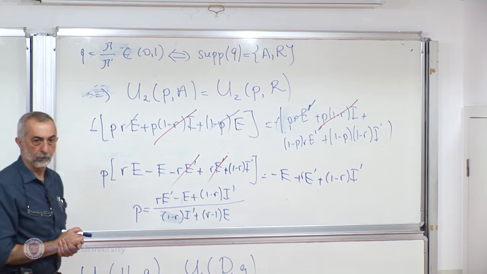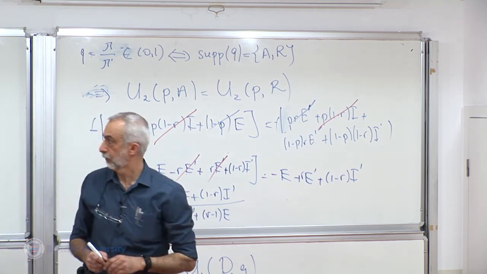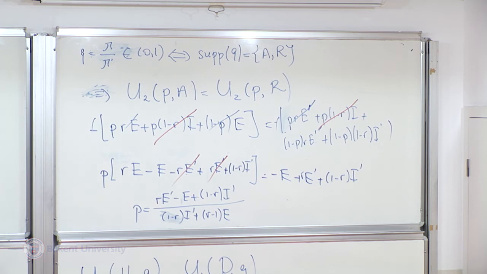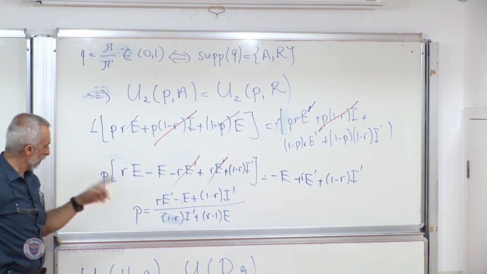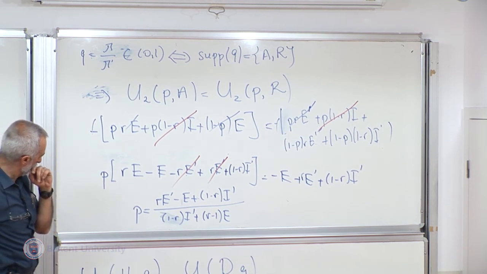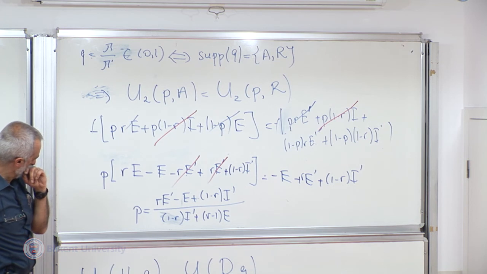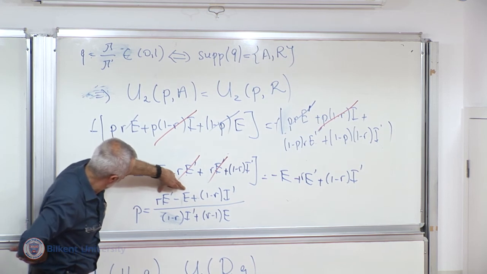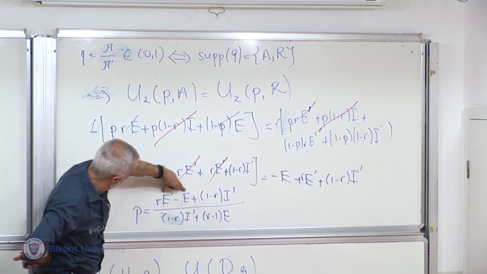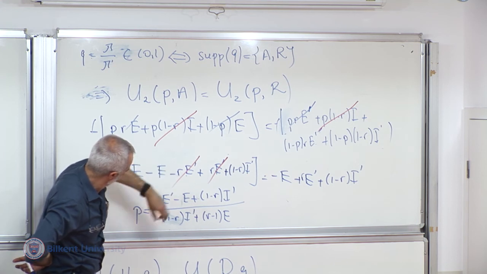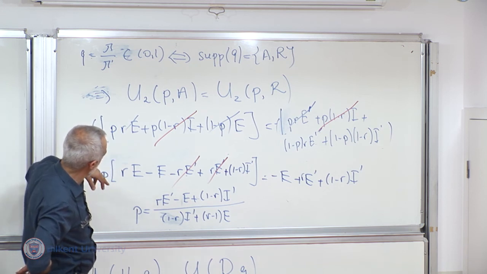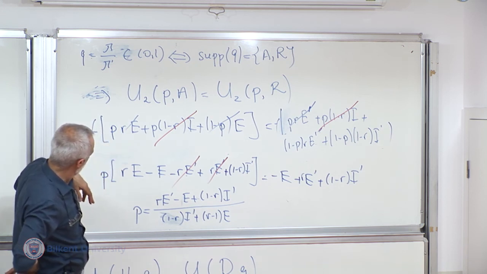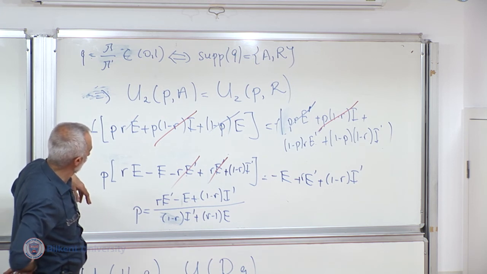Since E prime is greater than E, yes, we took E prime greater than E, greater than B. This number is greater than 1. Yeah, this thing is. Boom. So maybe somewhere in the arithmetic I made a mistake in some of the cancellations.